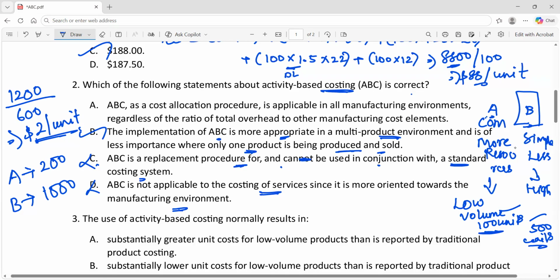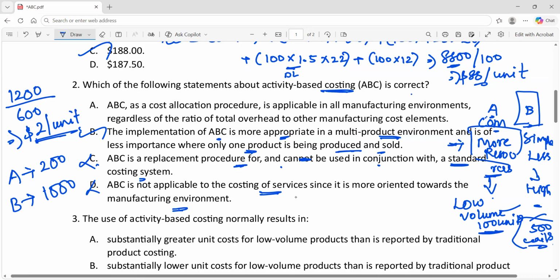Because even though product B is produced in high volume and product A is produced in low volume, product A is a complicated product and it consumes more resources. Overheads are incurred not just based on the number of units we are producing. Overheads are incurred based on the resource consumption. So technically, more overhead should be absorbed by product A because it consumes more resources.